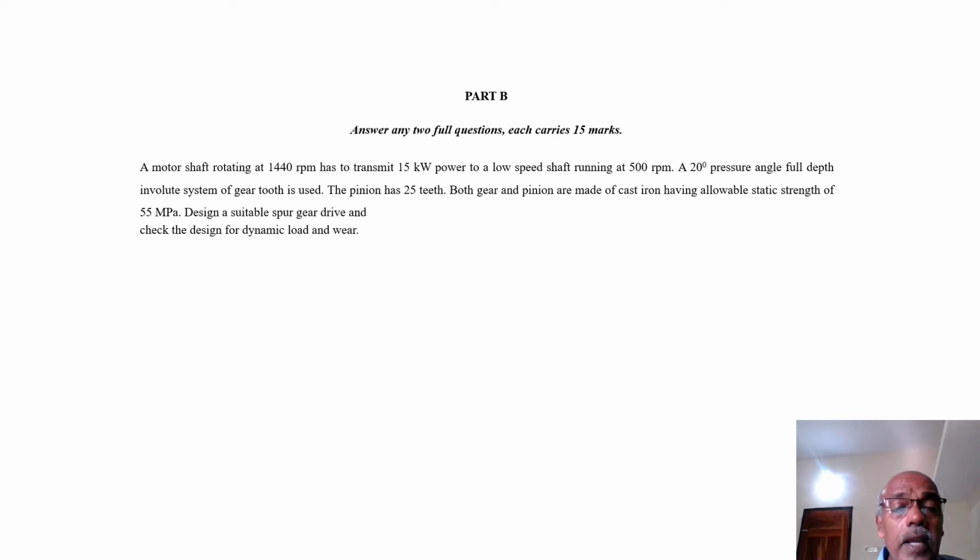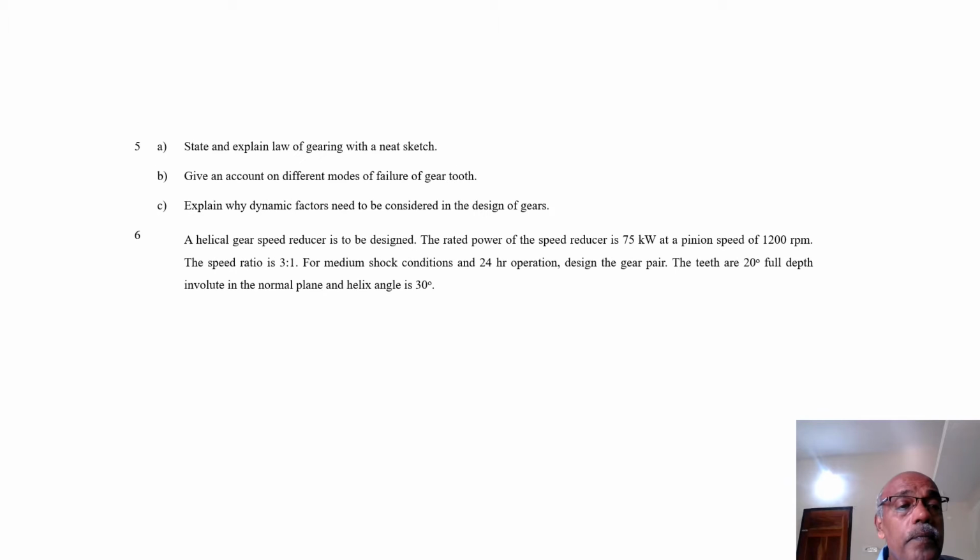The next question available in your KTU question paper is a helical gear. I told you the design equations are systematically arranged in the data book. Those students able to attend a spur gear systematically in a 100% manner, a teacher may not be required to solve a helical gear, because it is the same procedure: the same type of center distance equation, the same type of substituting the data, the same type of feedback coming.